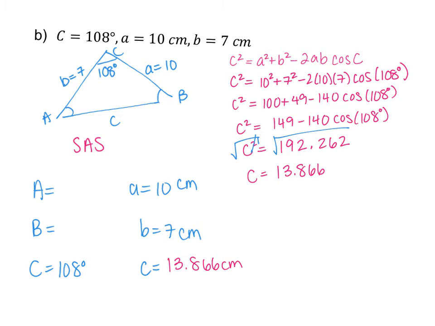13.866 centimeters. Now at this point, we can evaluate which side is the smallest, and it looks like it's b. So perhaps let's start with finding b's angle, because that one has to be smaller than C for sure, since c is way bigger than b. So if we were to find angle B here, let's set up a ratio using law of sines.